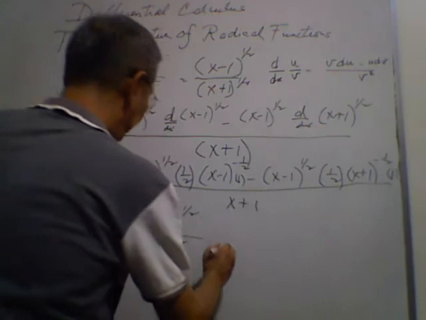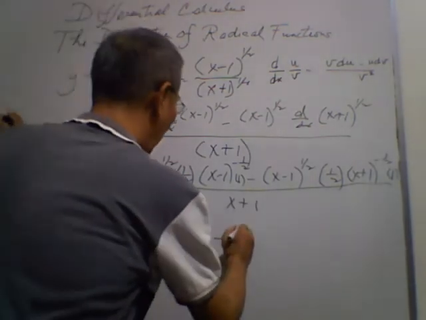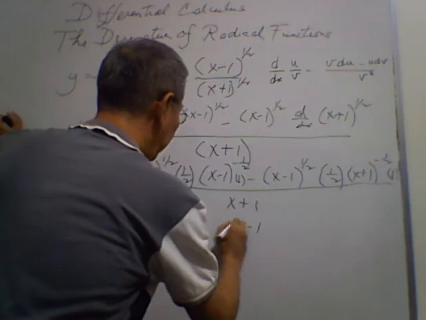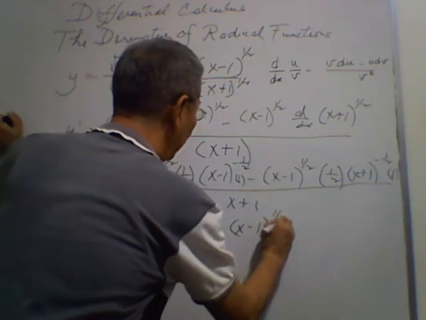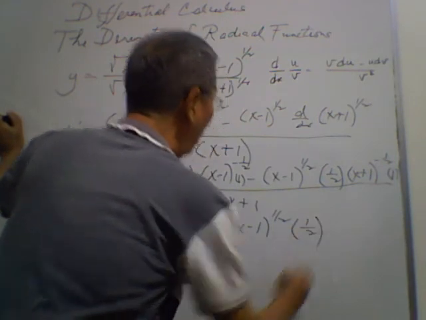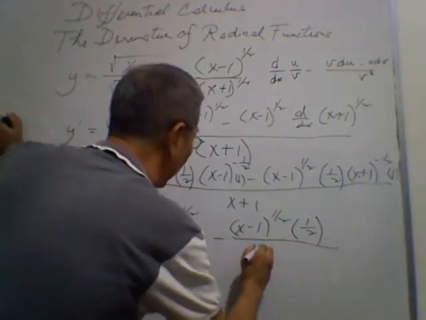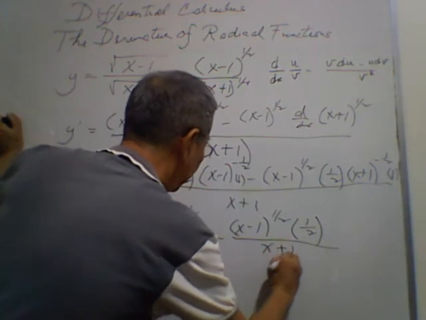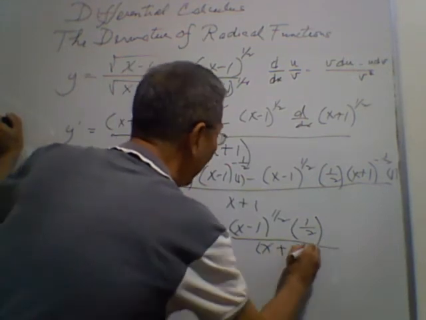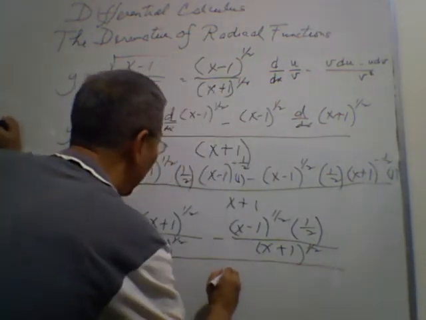Excuse me. And that is minus x minus 1 raised to 1 half times 1 half, over x plus 1 raised to 1 half, and all over x plus 1.